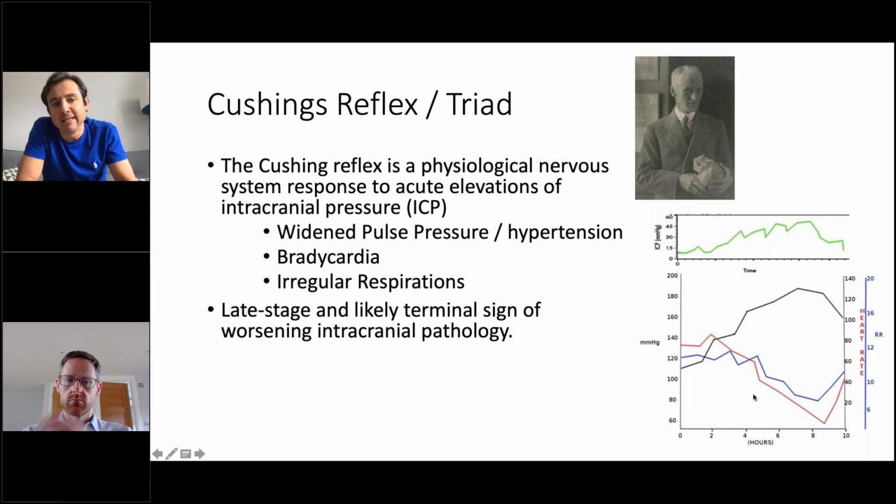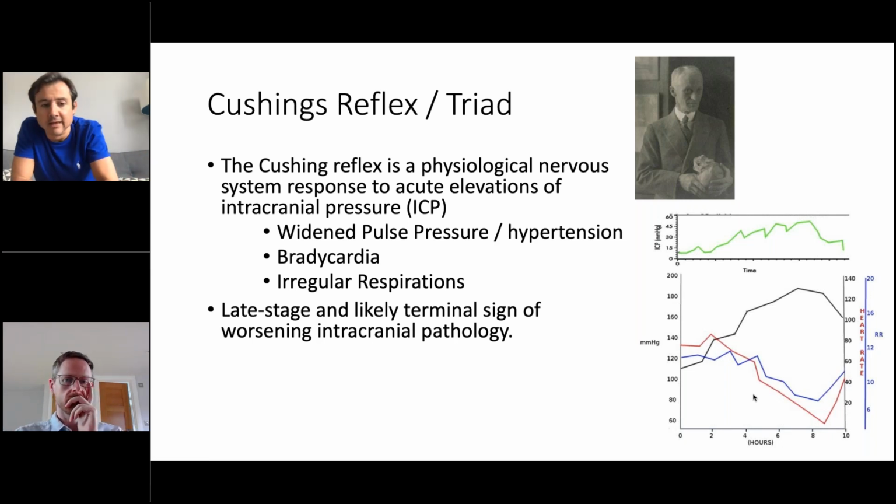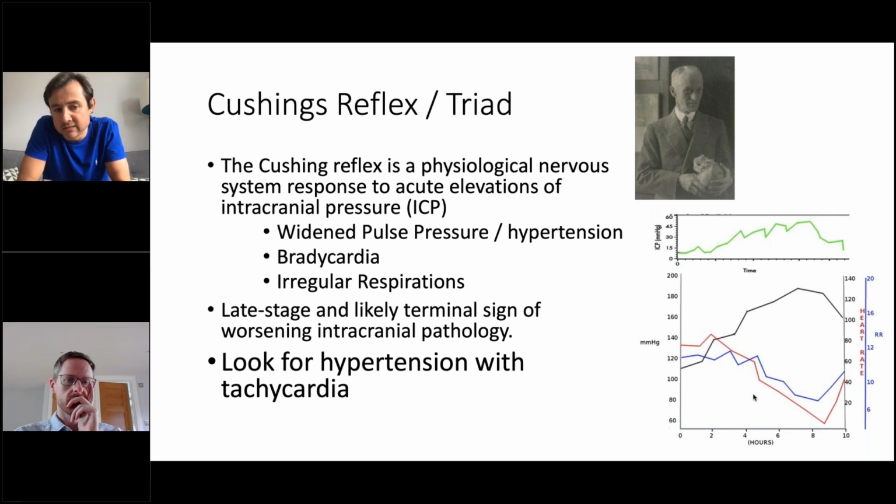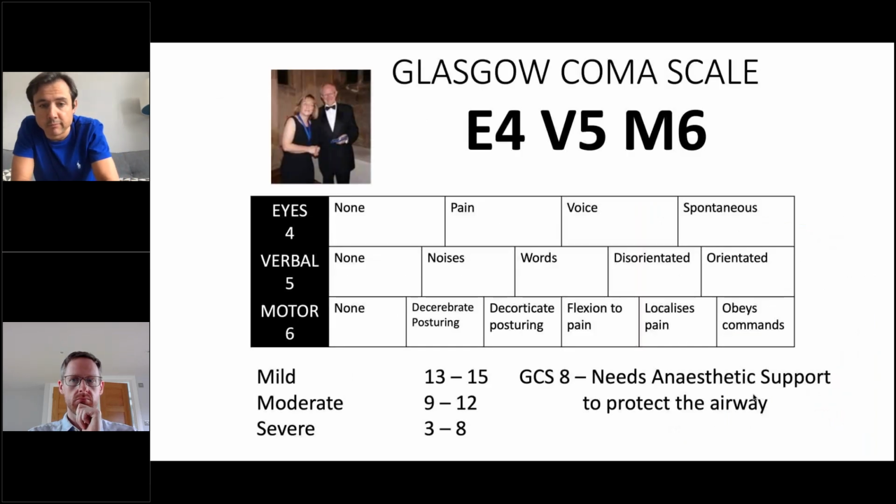But again, in some respects, we shouldn't be letting it get to this stage, obviously. The key really is to look for hypertension with tachycardia. That's the early sign that you've got a child whose intracranial pressure is going up.